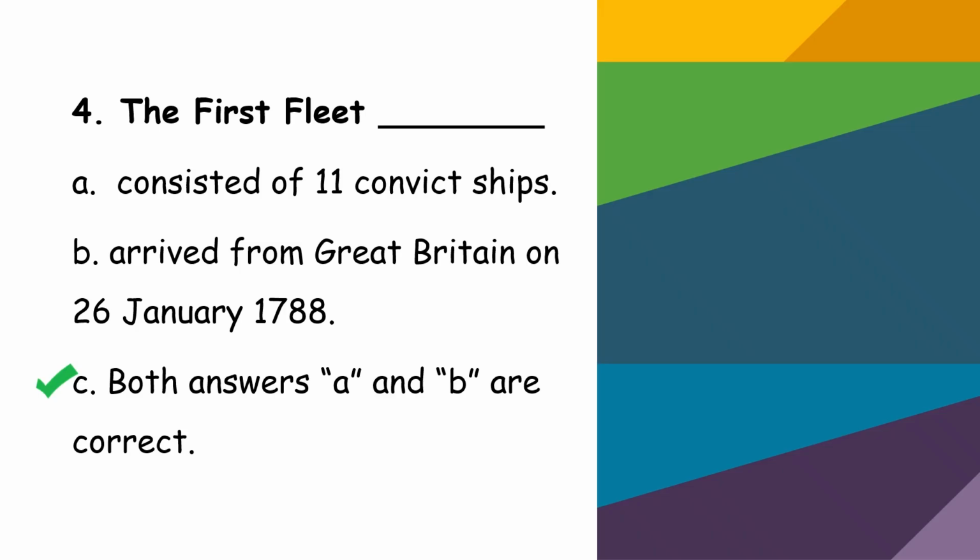Since the information in answers A and B are true, we need to choose answer C. Both answers A and B are correct. Be careful with this type of question. If you don't read the question and each possible answer carefully, it's very easy to make a mistake here.